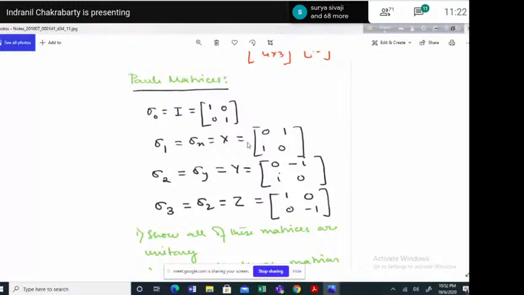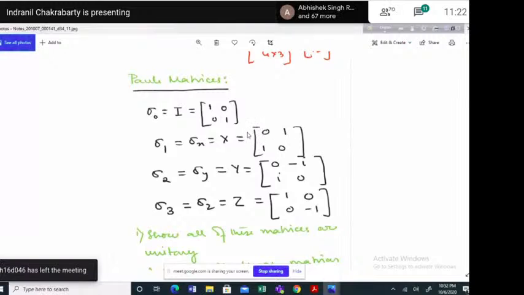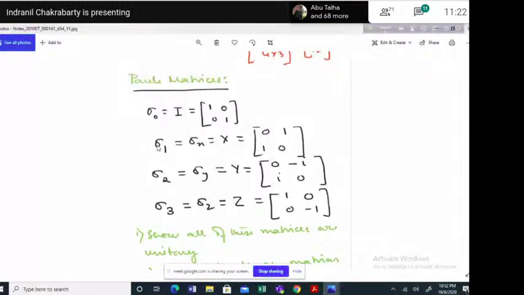So this is the spin operator Sx, right? It has two eigenvalues, Sx plus and Sx minus, and of course there is a constant term multiplication over there, which is h bar by 2. I will come to the spin separately. This is called sigma 1, this is your sigma 2, which corresponds to Sy. This is called sigma 3, which corresponds to Sz, and you can call it the Z operator.